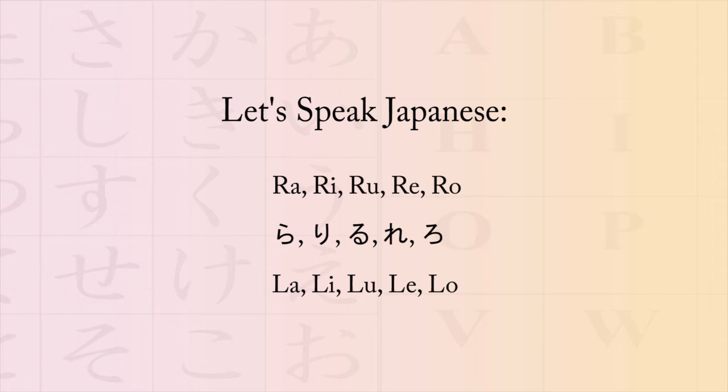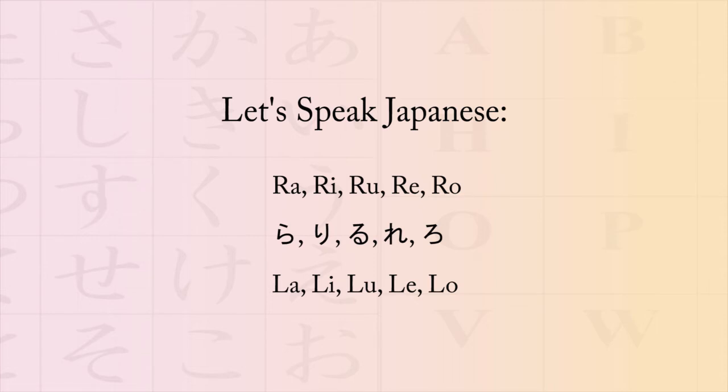Now, it may be difficult to differentiate between the 3, so I will try to say one right after the other. Ra, ri, ru, re, ro, ra, ri, ru, re, ro, la, li, lu, le, lo. So as you notice, the Japanese sound of ra, ri, ru, re, ro falls right between the R's and the L's.